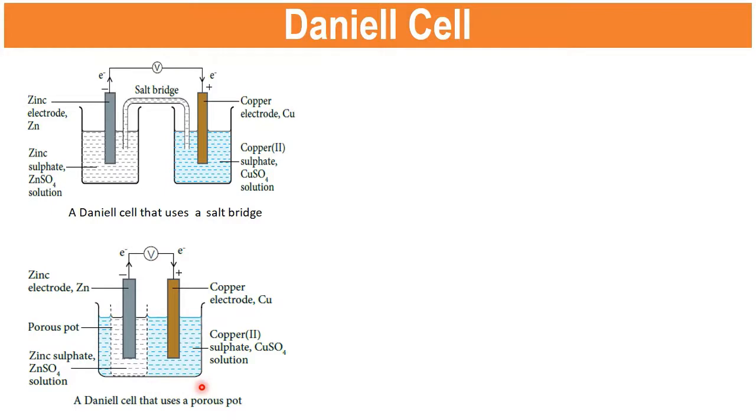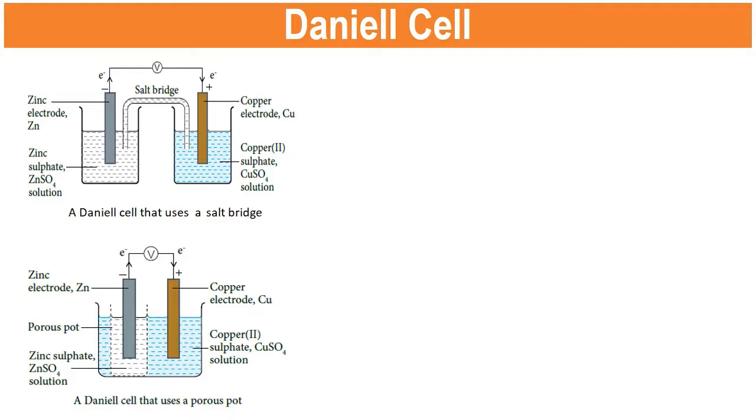The second one uses two beakers connected with salt bridge. As we see, the type of electrode is still the same, which is zinc electrode and copper electrode. So basically, the theory is still the same.